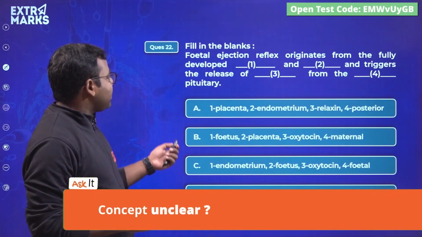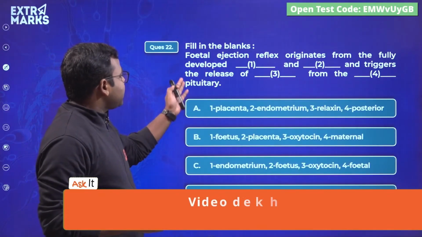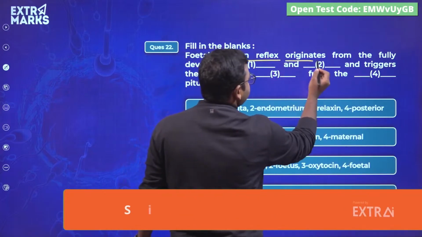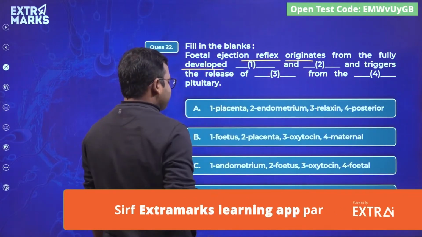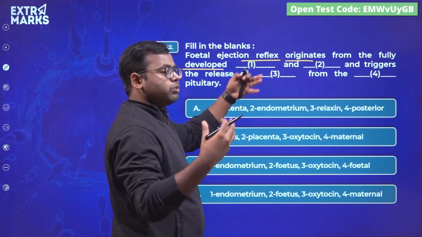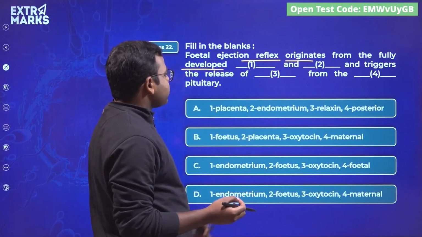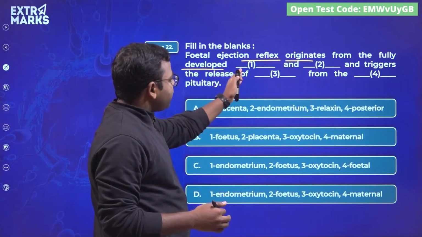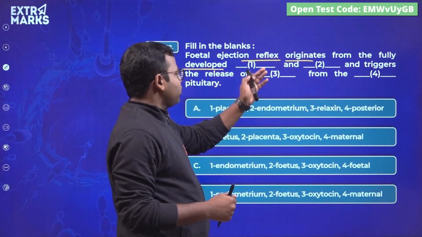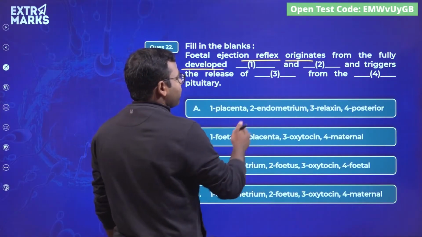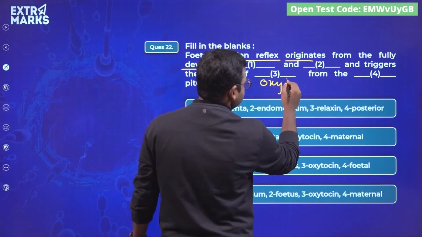Moving ahead finally to the next question. The question is a fill-up kind of question. Now, the fetal ejection reflex originates from the fully developed fetus, which is going to give signals. Not only the fetus, the placenta also is going to give signals to the mother. And then it triggers the release of a hormone called oxytocin.